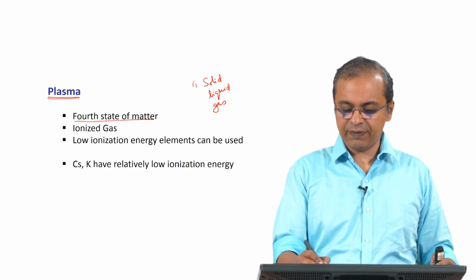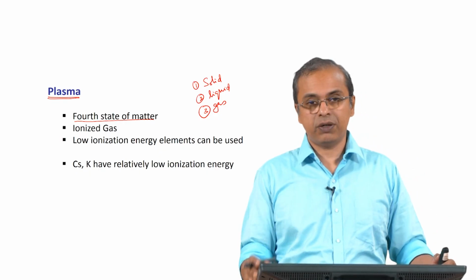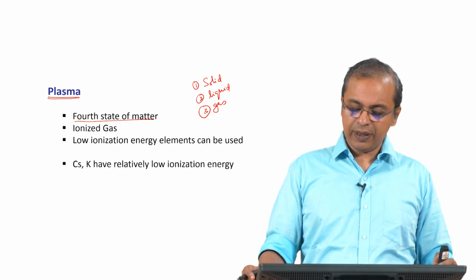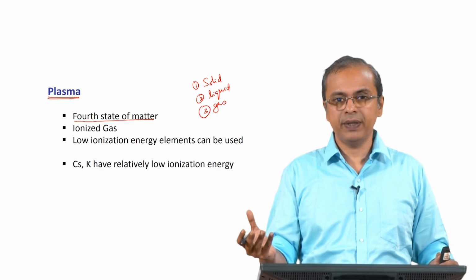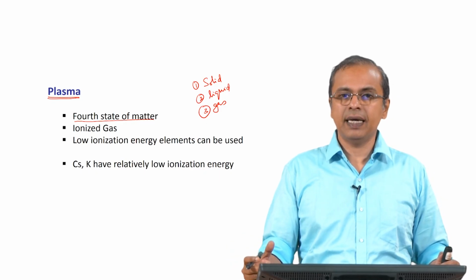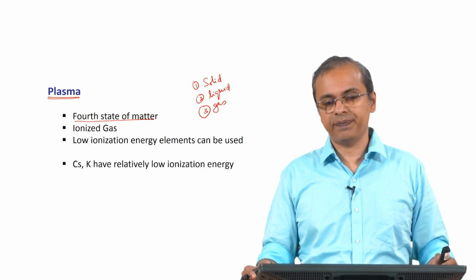These are the three that we are more familiar with. Plasma is the fourth state of matter. Okay. So, you can think of it as an ionized form of gas. It is gas in an ionized form. It is only in the form of ions that it is present, and it has its own behavior associated with it, and it is actually the fourth state of matter.